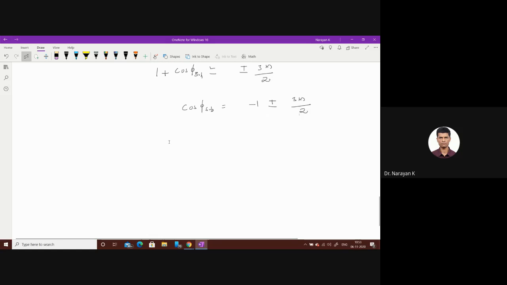Okay. Next, phi subsidiary maximum will be equal to cos inverse of 3m by 2 minus 1.